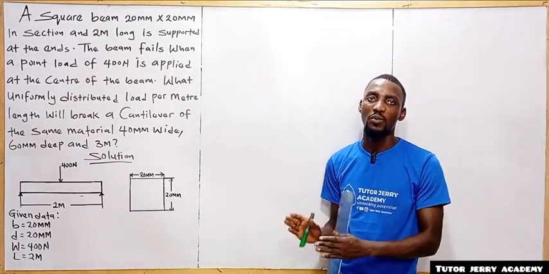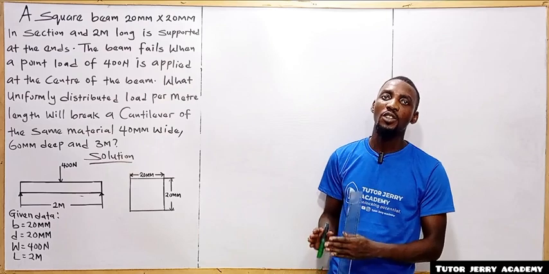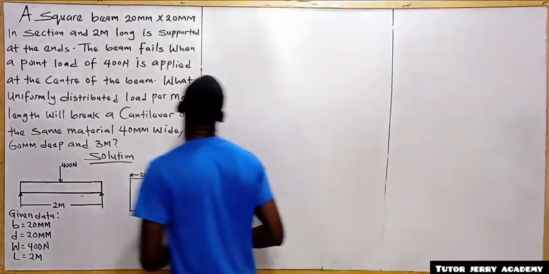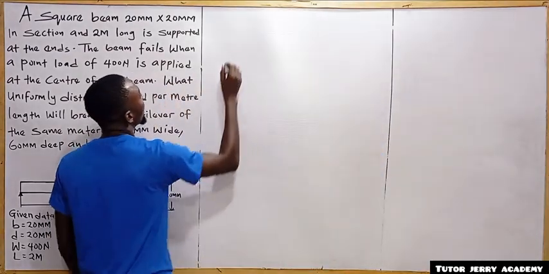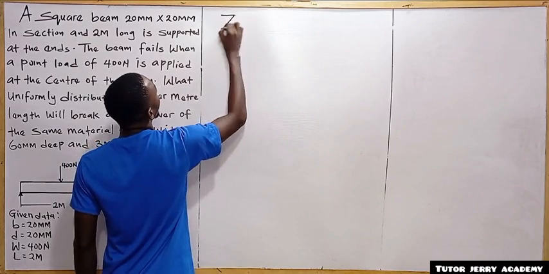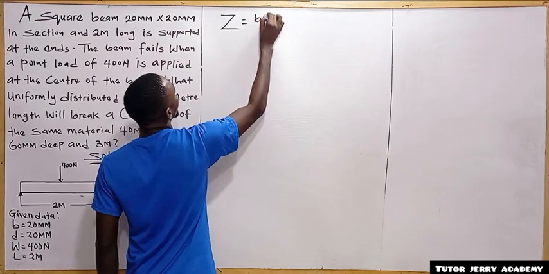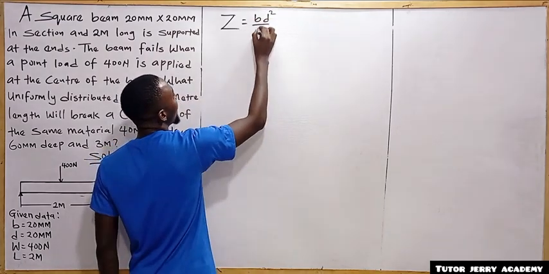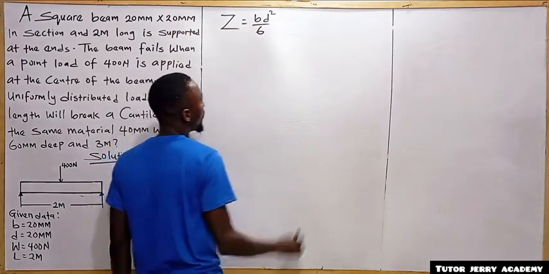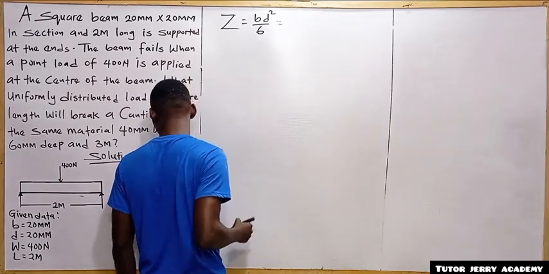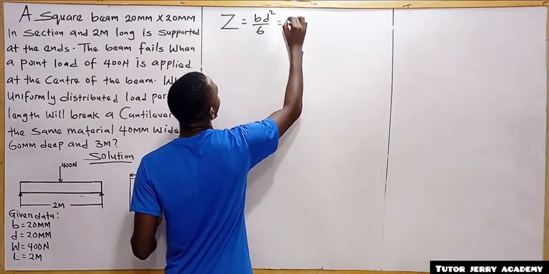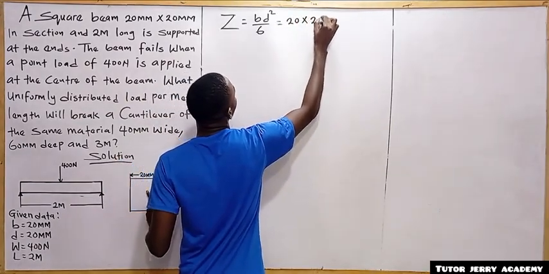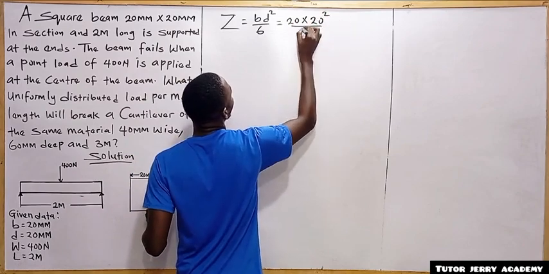And for us to do that, we'll be starting with the section modulus. We know that the section modulus Z is equal to BD squared divided by 6. Substituting, it's 20 multiplied by 20 squared divided by 6.